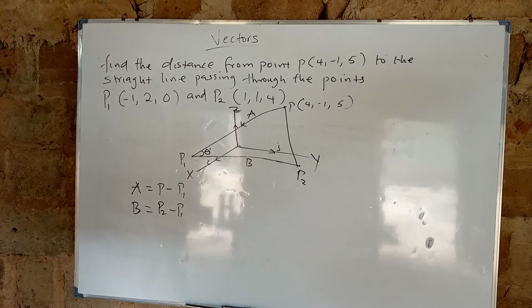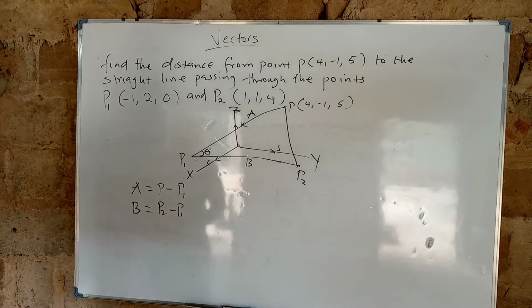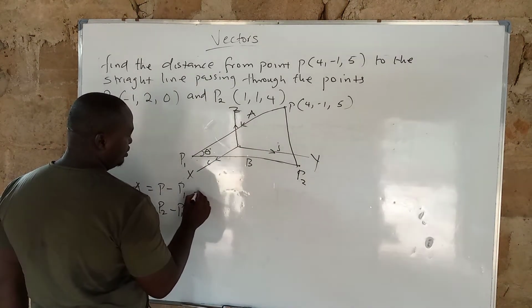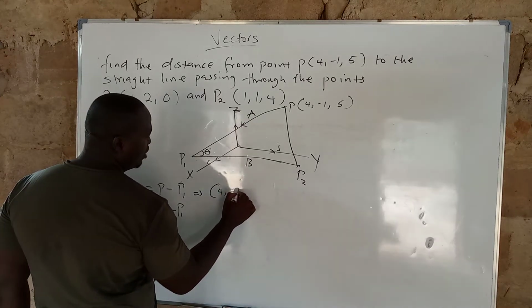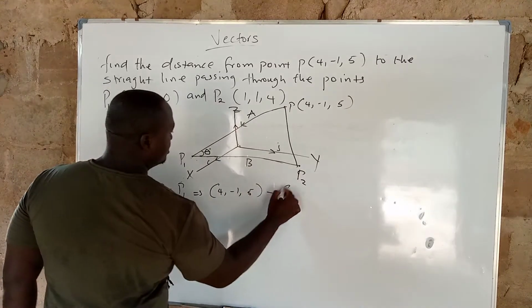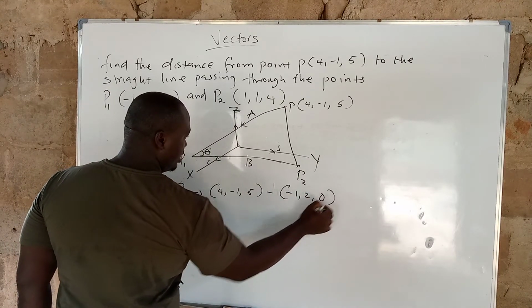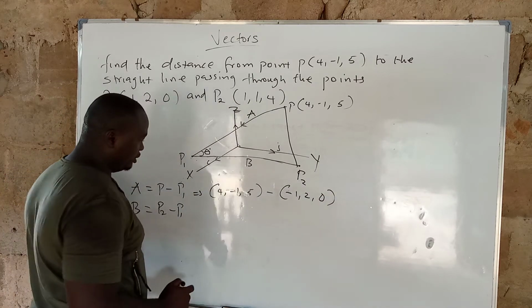And then now I have to start subtracting for me to get my A and my B. Now, from the above, remember that P here is 4, minus 1, 5. And P1 is minus 1, 2, 0.